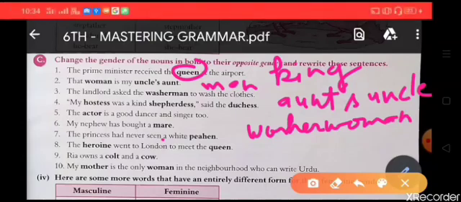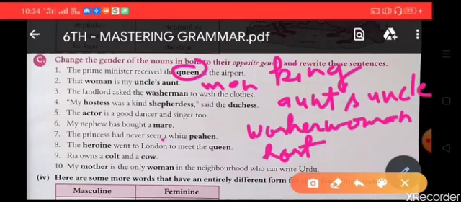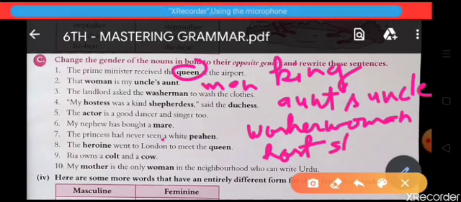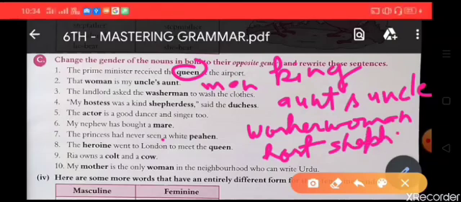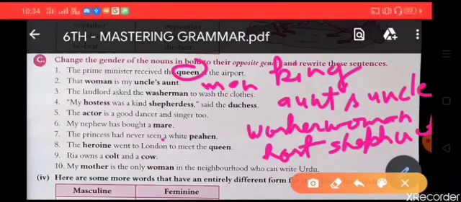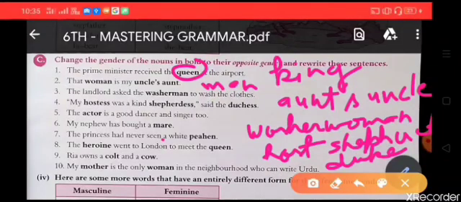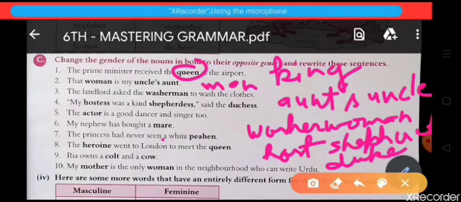Fourth, my hostess was a kind shepherdess, said the Duchess. So my host was a kind shepherd, said the Duke.